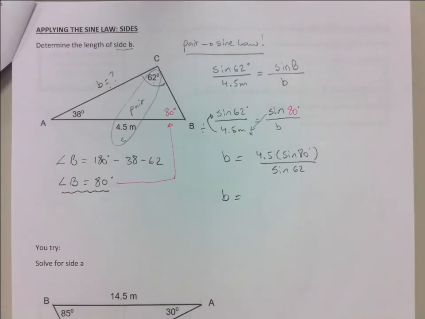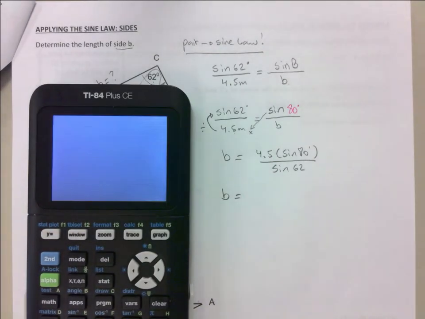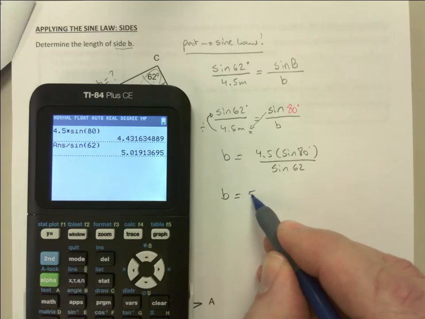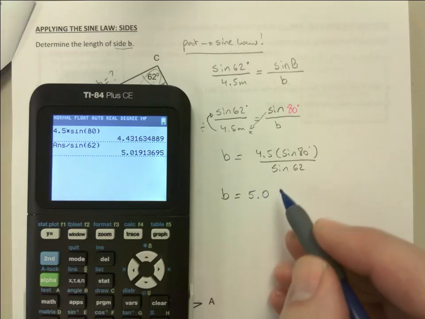Once you've copied it, just grab your calculator. Maybe clear your screen for now. So you go 4.5 times sine of 80. I would figure out what that is first. Then I go divided by sine of 62. So that's your final answer, 5.02.